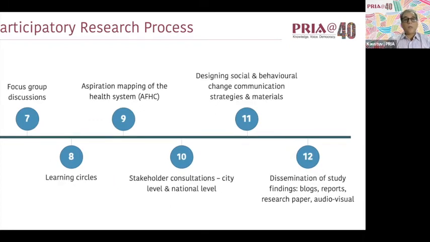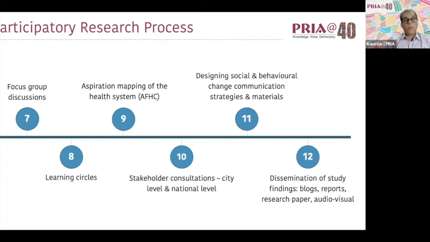Once these additional insights came to light, we were able to design a number of focus group discussions with different groups. There were discussions with adolescent boys, adolescent girls, and their parents, with separate discussions with their fathers and with their mothers. So a whole lot of interaction took place through the process of focus group discussions.